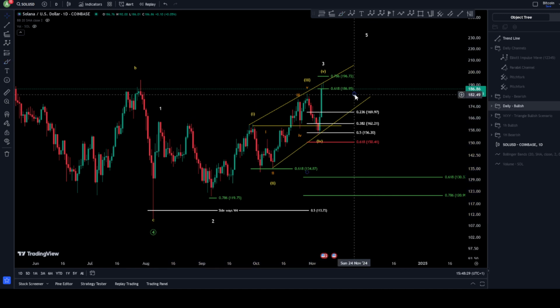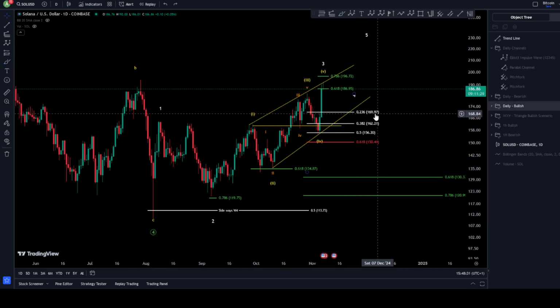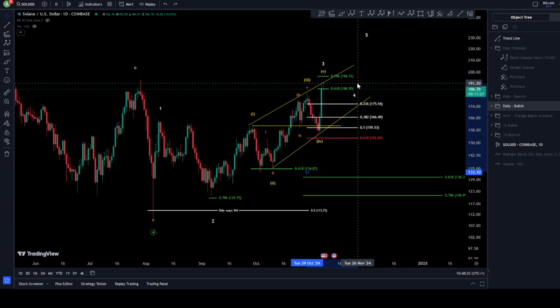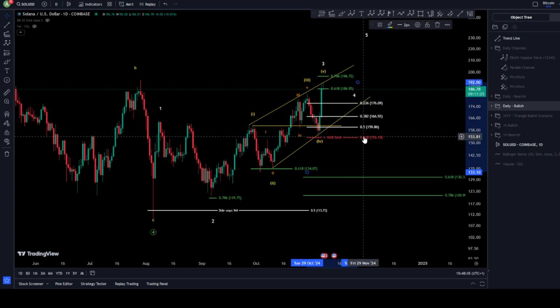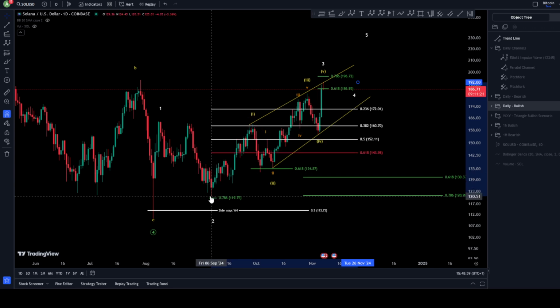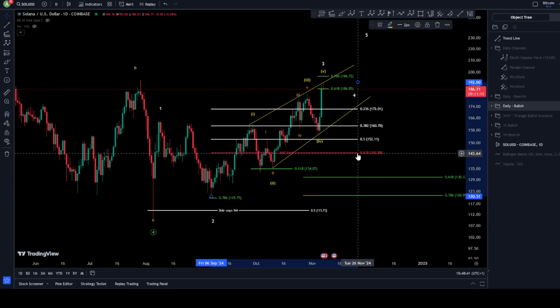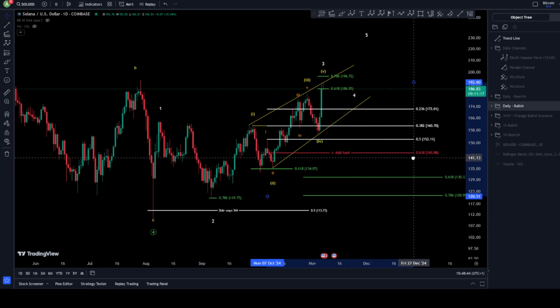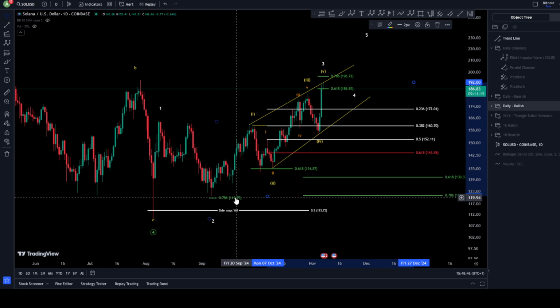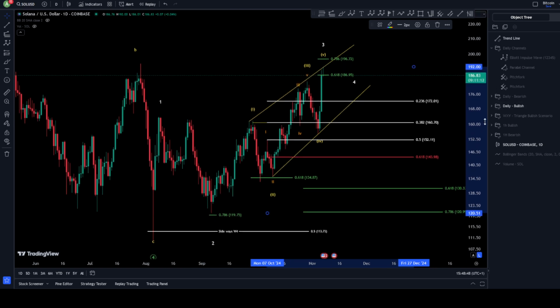Now, how deep can your wave 4 go? It is the important question right now. If we take now, so we are working on the wave 4 of the white scenario, so we need to take it from the wave 2 here. That's okay.